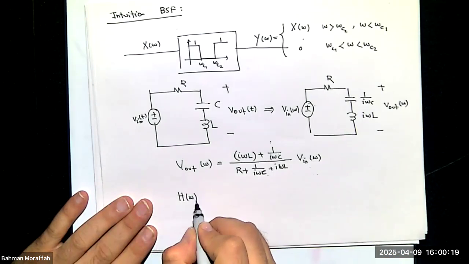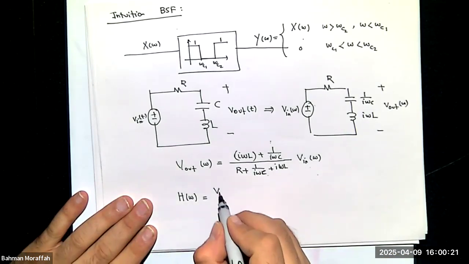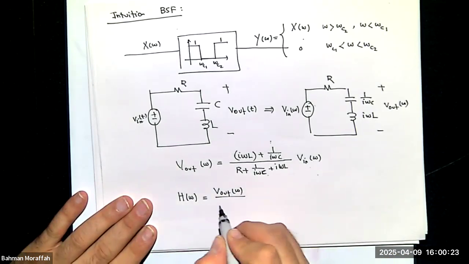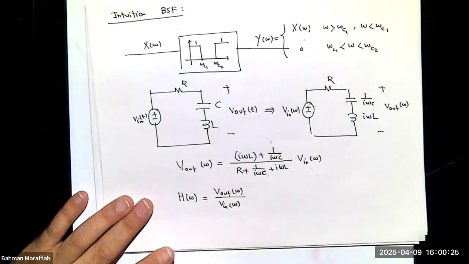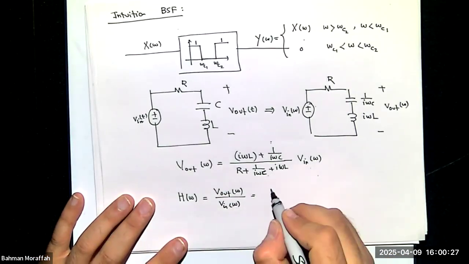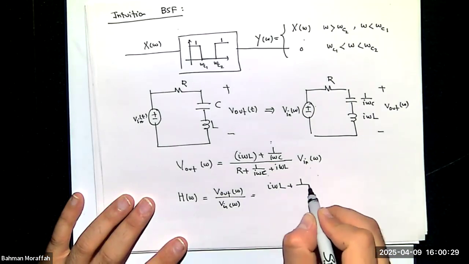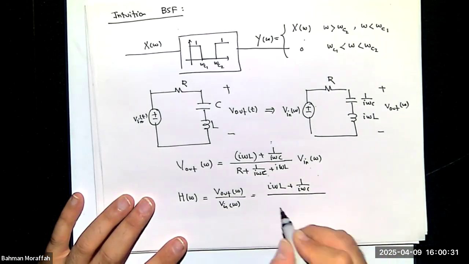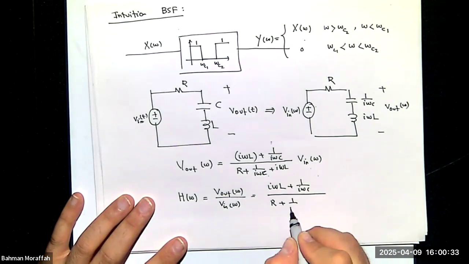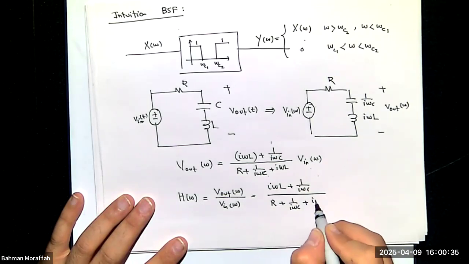Therefore, H of omega is the output divided by the input, which is I omega L plus 1 over I omega C divided by R plus 1 over I omega C plus I omega L.